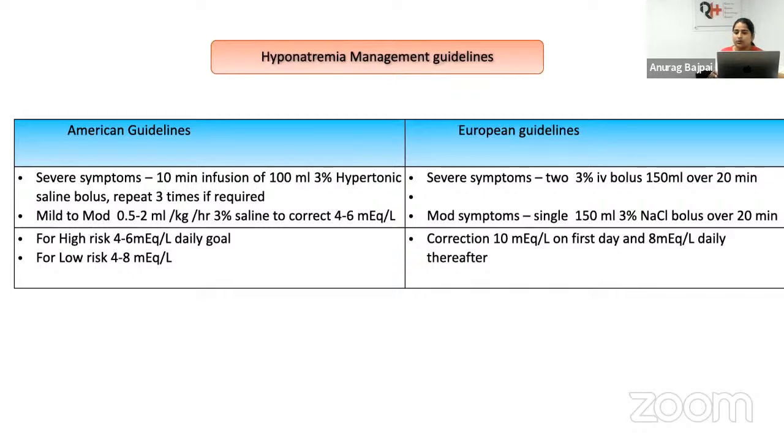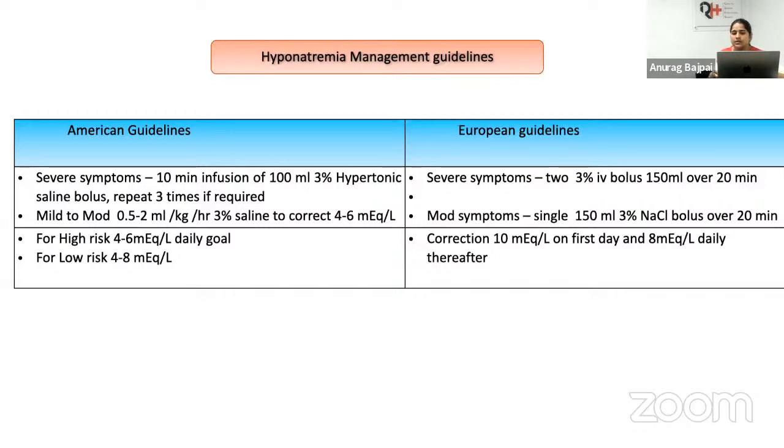While the European Society says in the presence of moderate symptoms, only a single bolus is sufficient, of 150 ml of 3% NS over 20 minutes. And for the higher risk patients, a 4 to 6 milliequivalent rise in the sodium should be the daily goal. And for the lower risk patients, 4 to 8 milliequivalent per liter should be the goal.